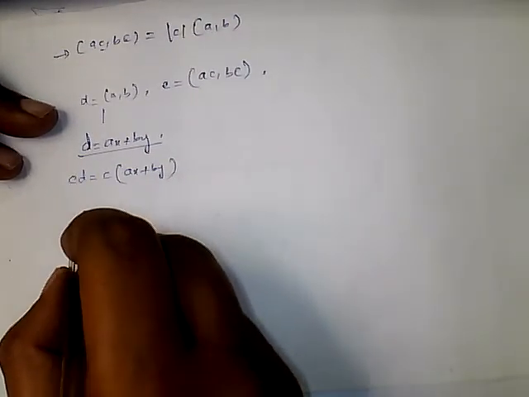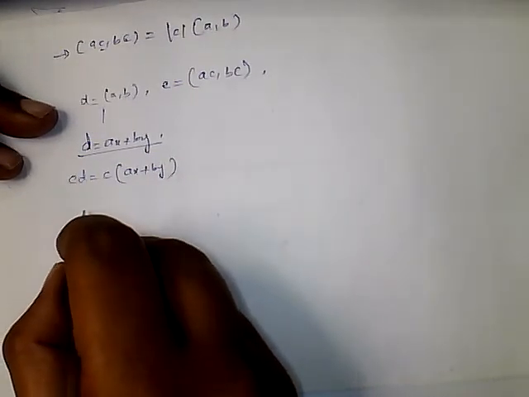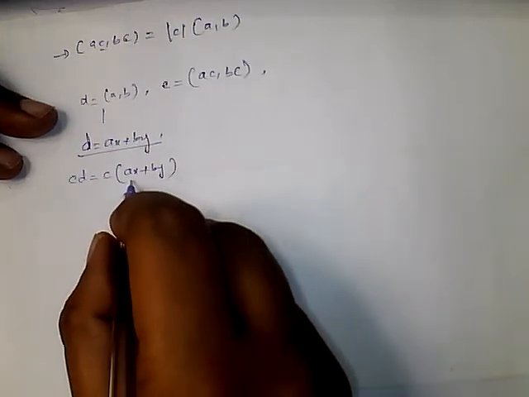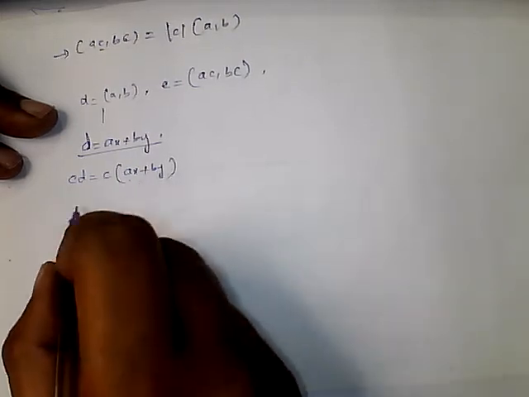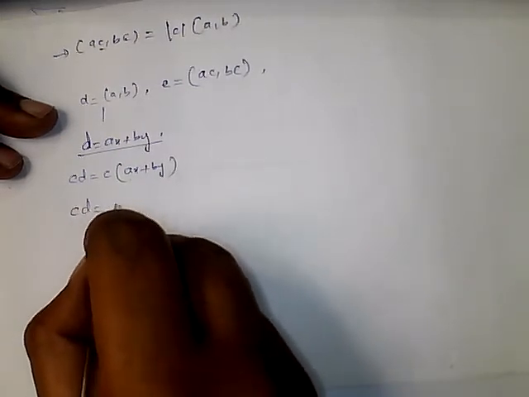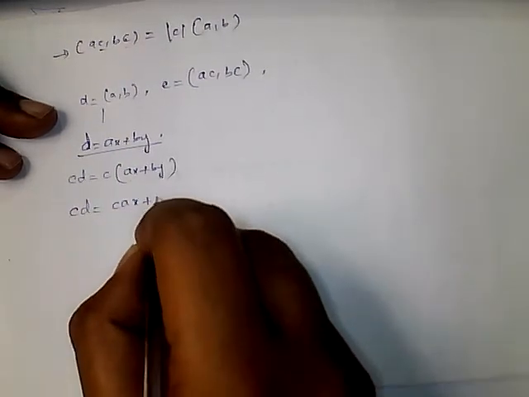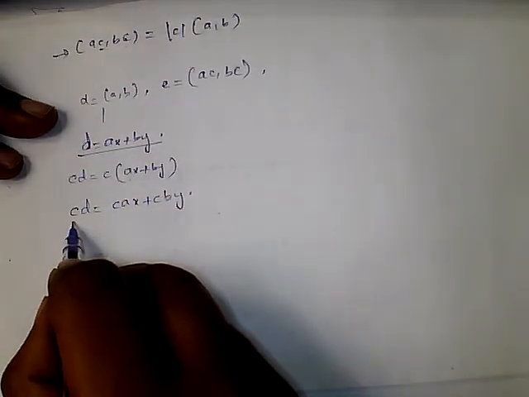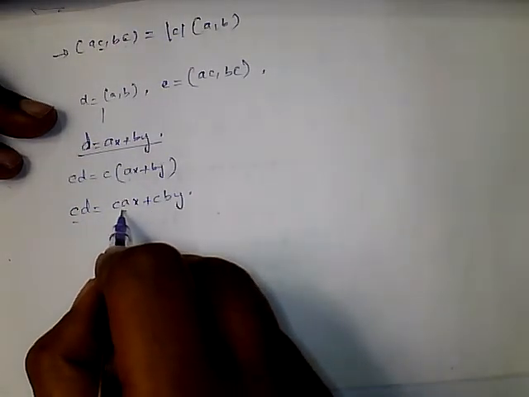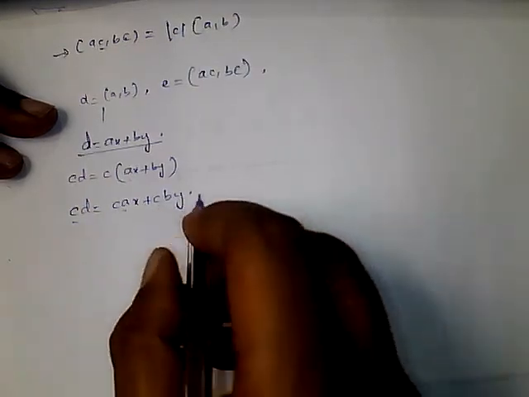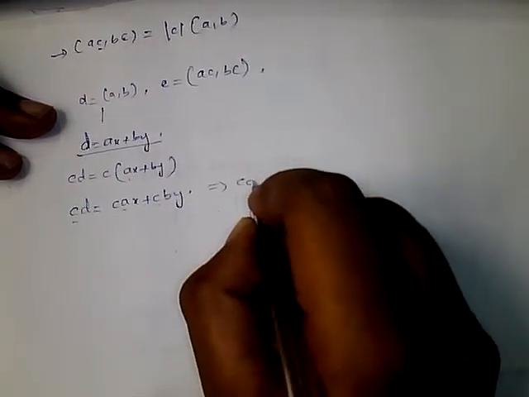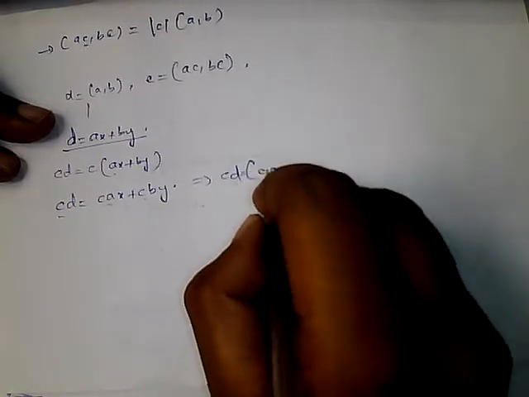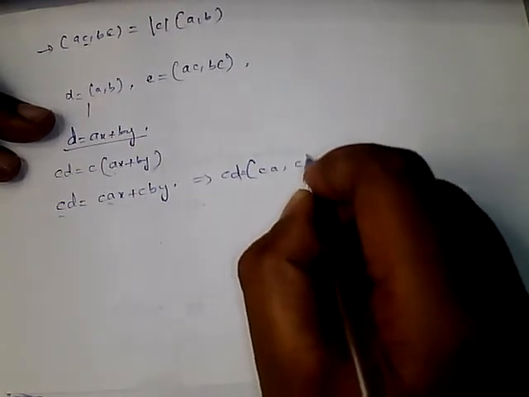From this it implies that cd is a common divisor of, and one more thing I want to do is cax plus cby. So cd will become the GCD of ca and cb. So I can write that cd equals the GCD of ca comma cb.